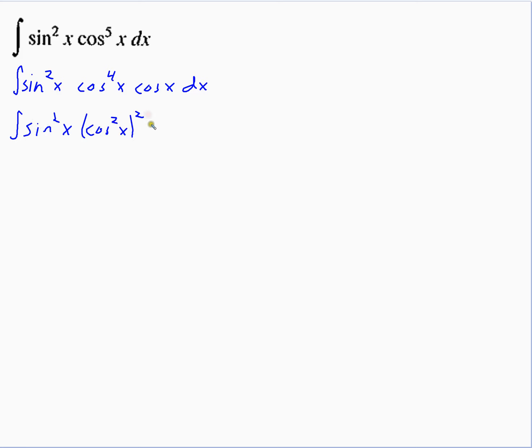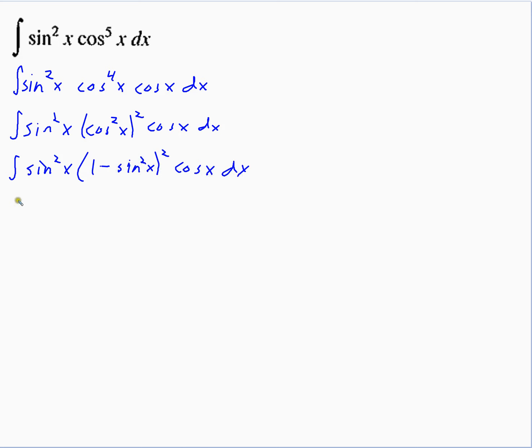So our rules of exponents. And we are using Pythagorean identity, which is 1 minus sine squared. And that whole thing is squared times cosine x, so we actually need to multiply this out.